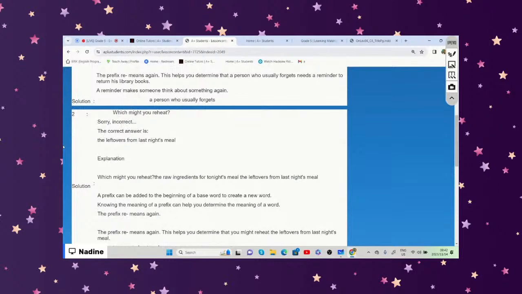All right. Now it says, which might you reheat? When we reheat something, it means that we are heating it again, because re means again.